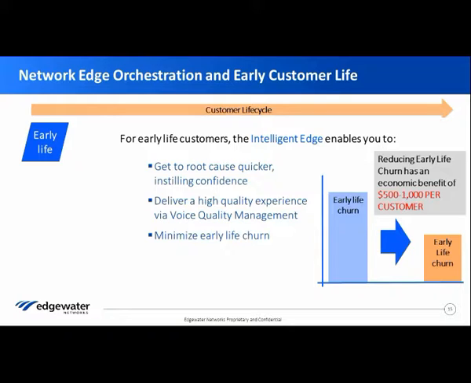Exactly, Gary, and anecdotally, we spoke to a number of customers in the OTT space, exclusively delivering voice services over the top of somebody else's network, and some of them have told us that they experience 5 to 10% early life churn, meaning of every customer acquired, brought in the door, with all that marketing expense, sending a phone out to the customer, almost 10% of the time that customer will leave.